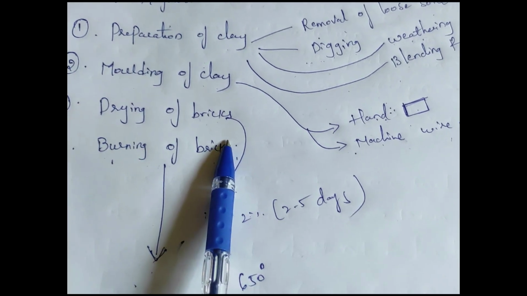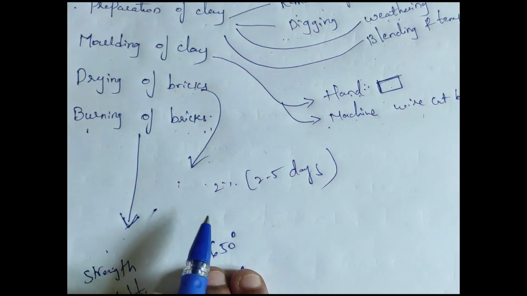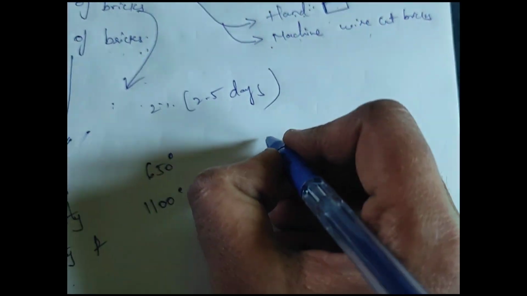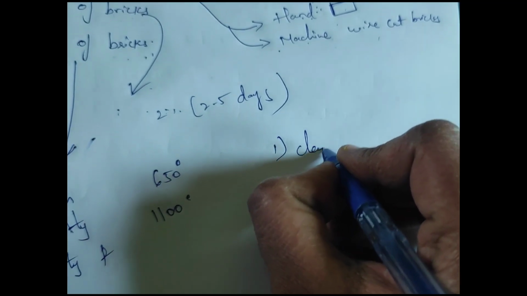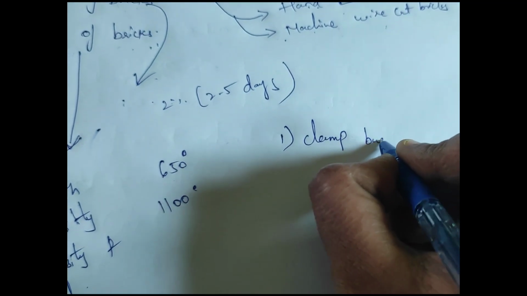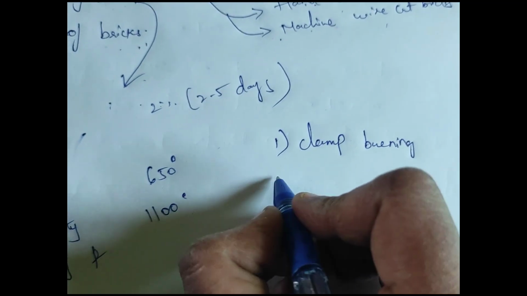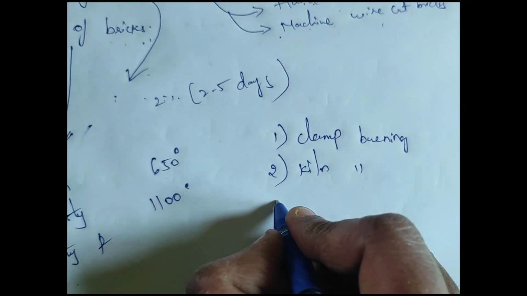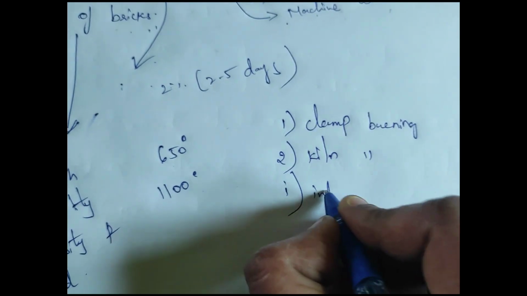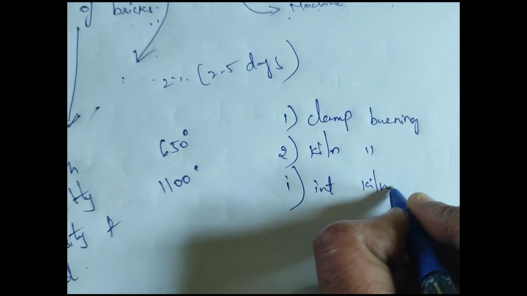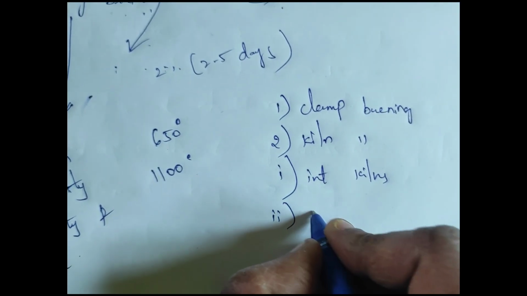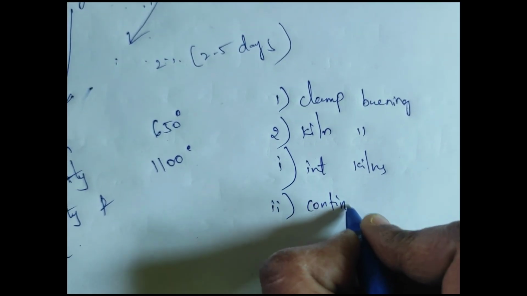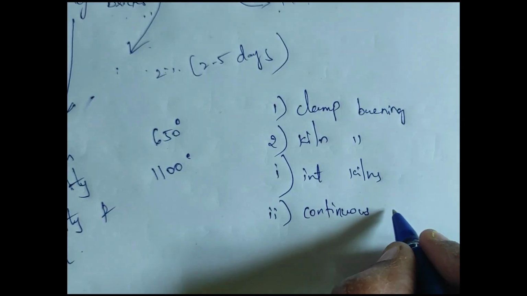Bricks can be burned using some methods. The first one is clamp burning, and the second one is kiln burning. In kiln burning there are intermittent kilns and continuous kilns.